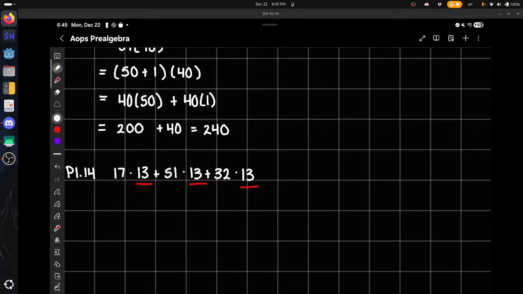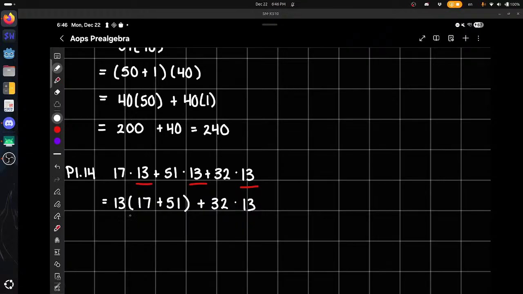So we're gonna focus on this part first. And then we'll get 13 times 17 plus 51. And then it'll be 32 times 13.